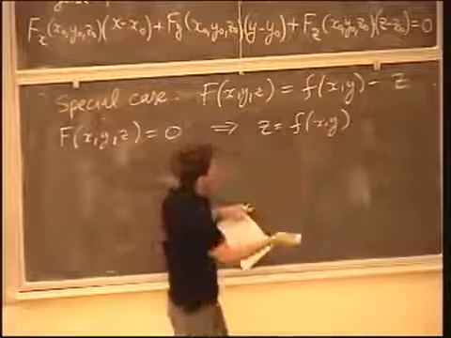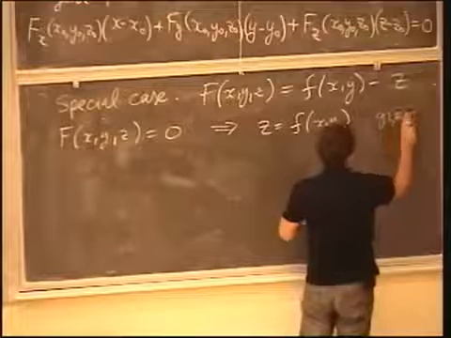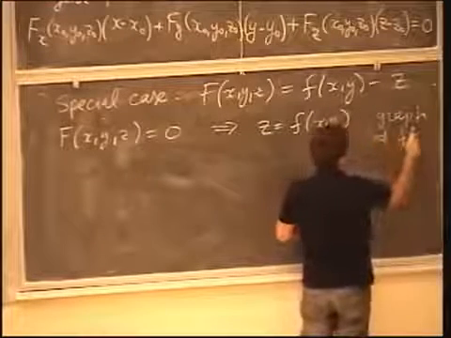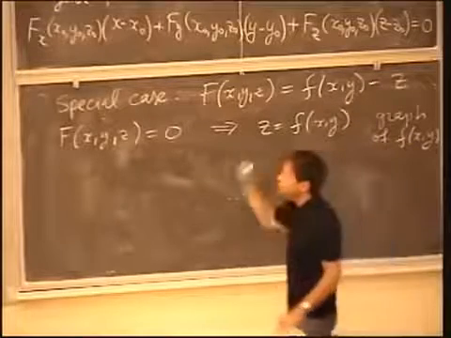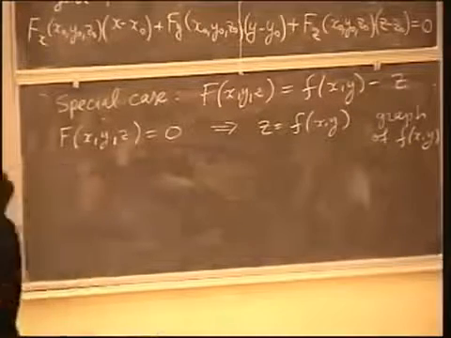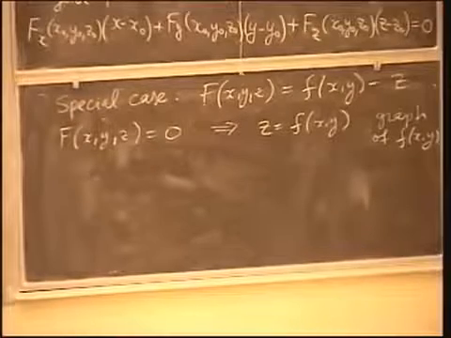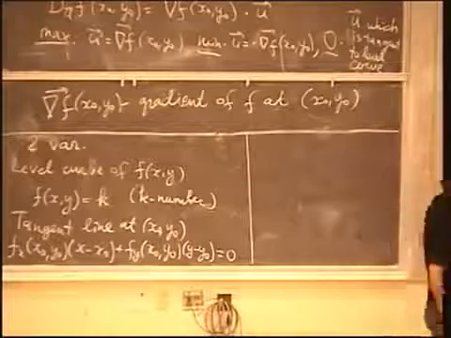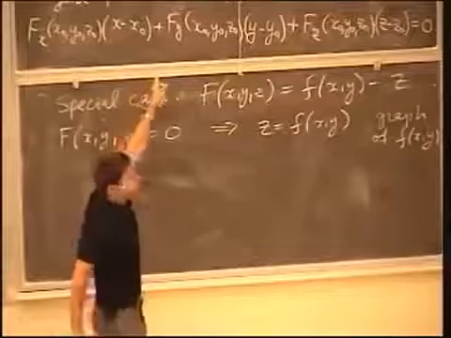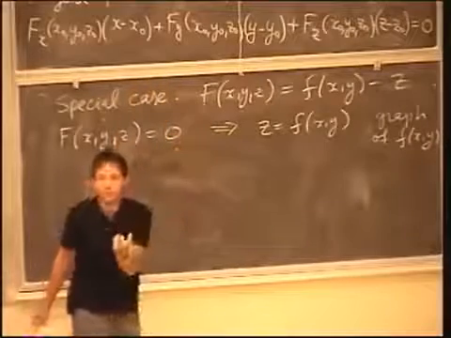And this equation defines a graph of the function in two variables. So it's kind of funny that a function in two variables shows up in two different contexts. It shows up here in the context of level curves, okay? But it also can show up here for functions in three variables, even though it is a function of two variables.